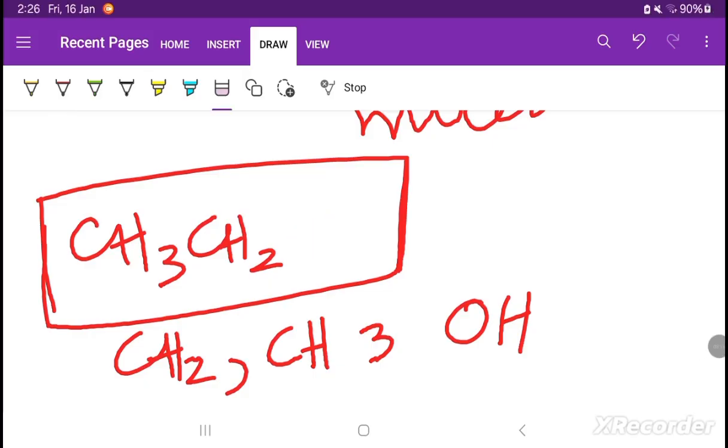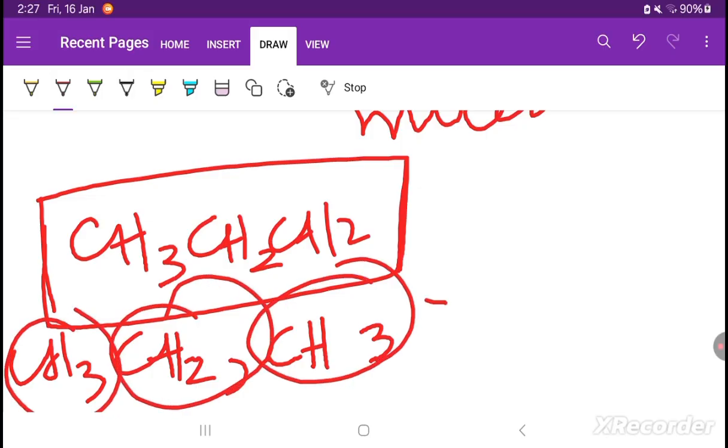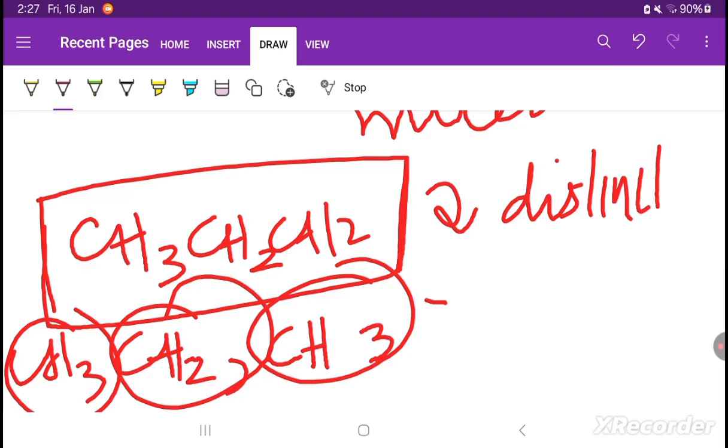The compound will be CH3 CH2 CH3. There will be 2 distinct groups. What are the 2 distinct groups?